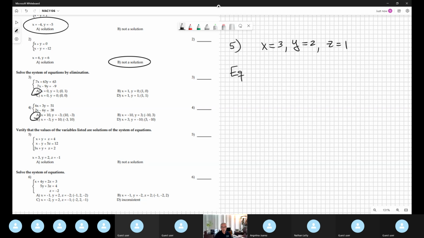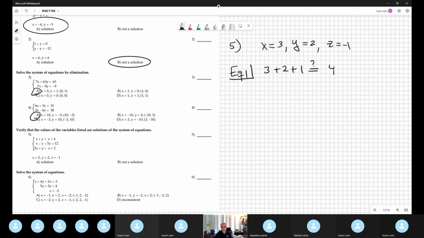Equation 1 is x plus y plus z, which is 3 plus 2 plus 1, should be equal to 4. Sorry, wait, I made a mistake. Is it plus or minus? Look, this is negative 1. If it is negative 1, then here is the minus.